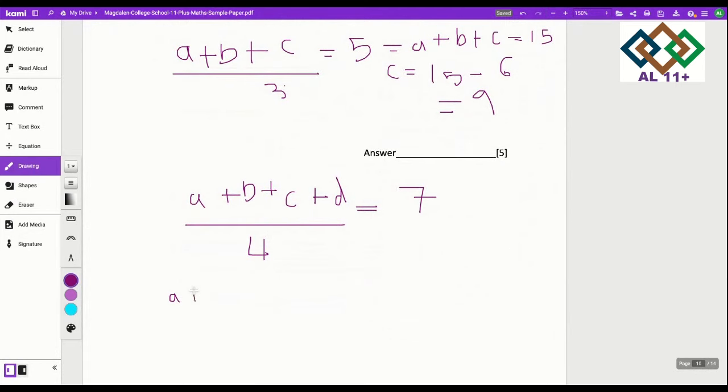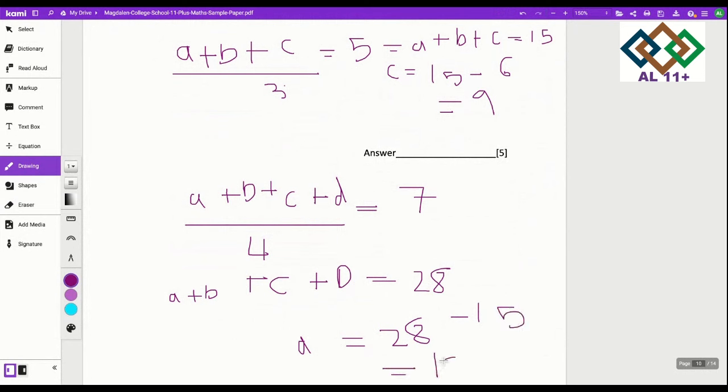So you have to do A plus B plus C plus D equals 28. So D equals 28 minus 15, that's 13. So your answer here would be 1, 5, 9, and the last one 13.